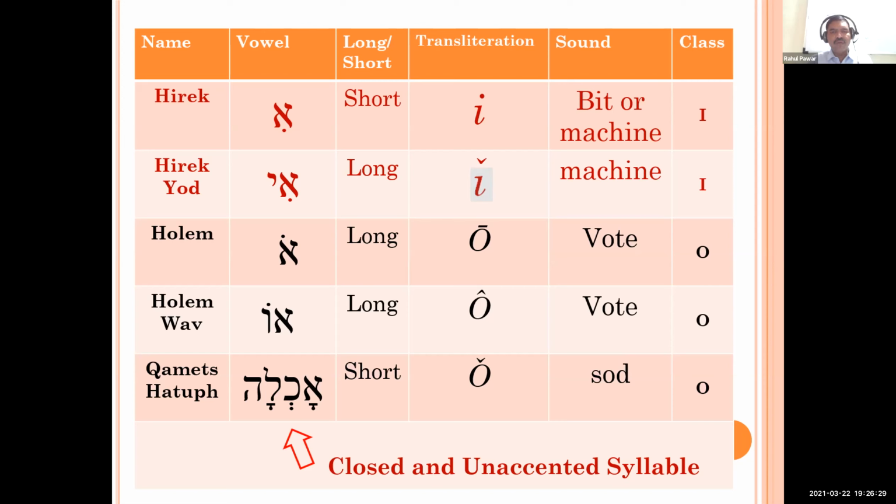For every long vowel, the circumflex is towards upward. And Komets Hatuf is a short vowel. The circumflex is towards downward. So it gives the pronunciation Okla.